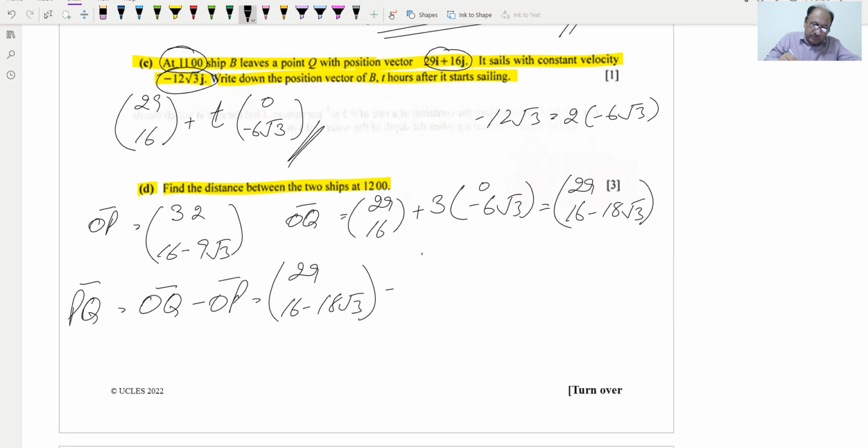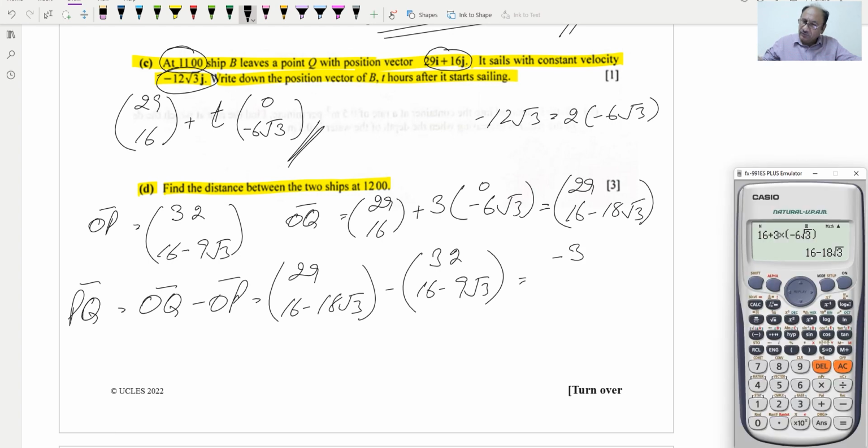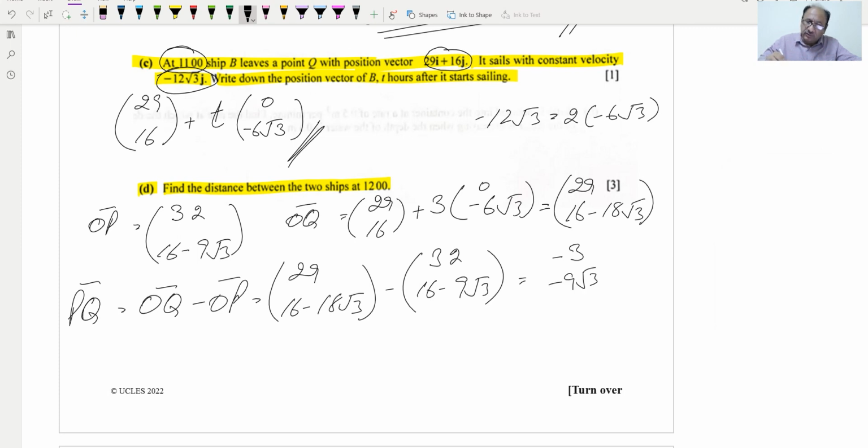This one minus OP will be 32, 16 minus 9 root 3, and this will be subtracted and we will get minus 3, and if we subtract this one minus, this will be 16 minus 9 root 3 bracket close, and this will be equal to minus 9 root 3.